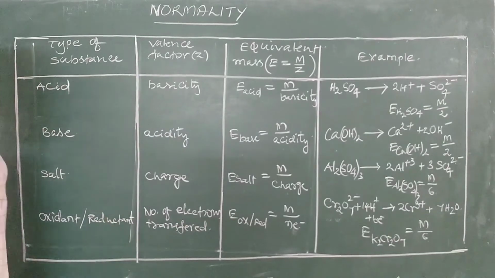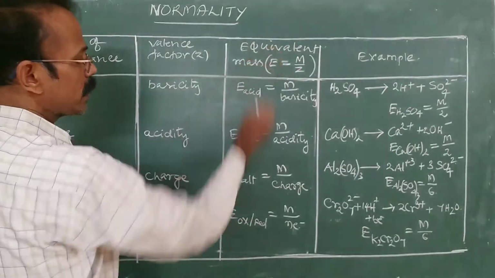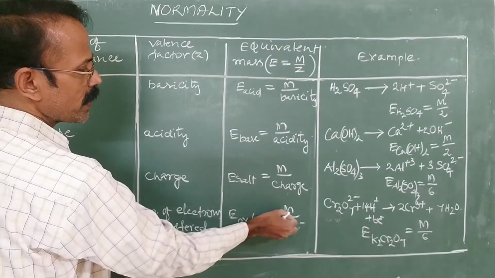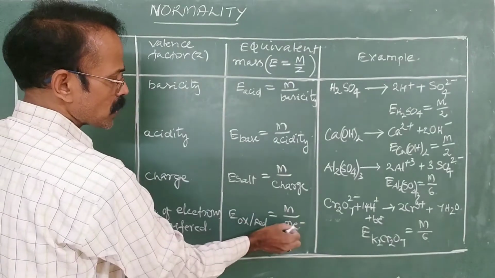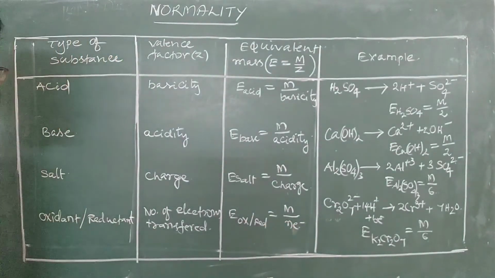The equivalent mass is obtained by dividing the molecular mass by the number of electrons.